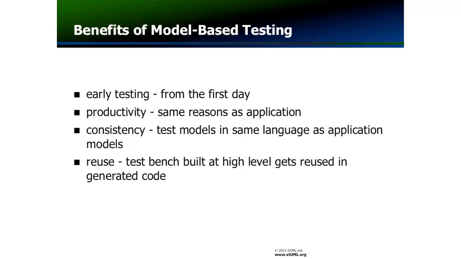So we build the tests at the xtUML level, we execute our models beginning from the very first day, and at the end when we have application models together with test models, we then deliver these artifacts to the design teams who will generate code and work at the target level of abstraction. Well, we can translate the test bench just as easily as we can translate the application components, and so we can run those test benches again at the next level of abstraction down on the target.